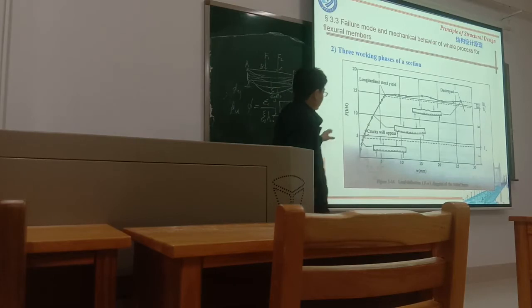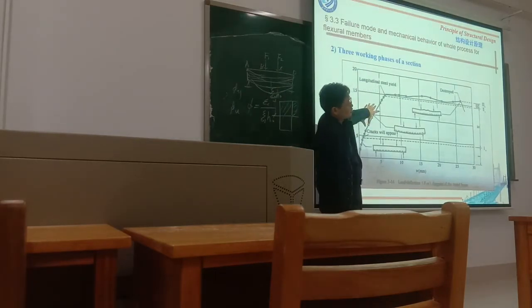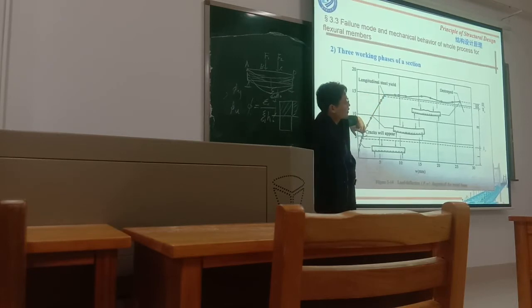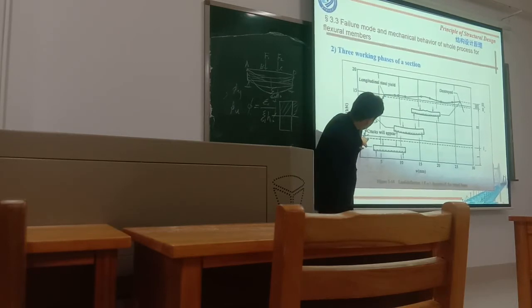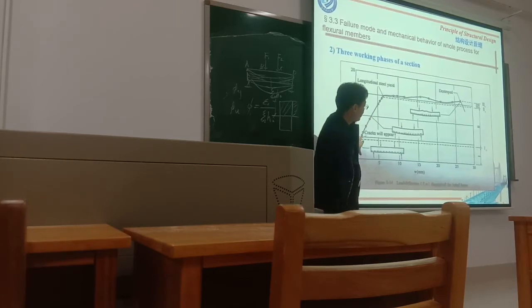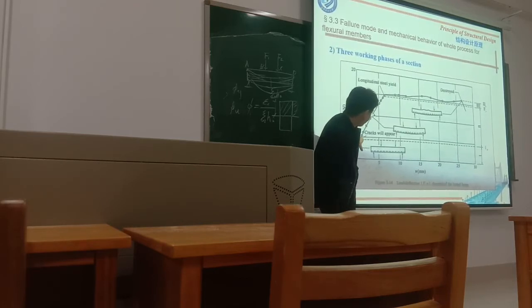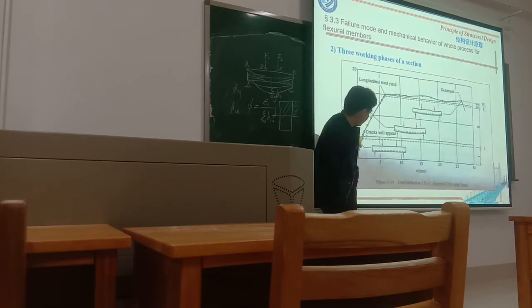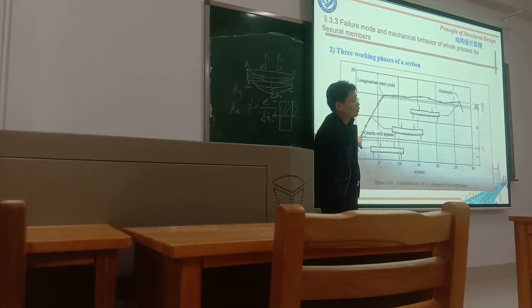But for the under-reinforcement beam, in this phase 2, we know the end of phase 1 is the limit state for the crack. Once the load is larger than this point, the crack is going to appear.